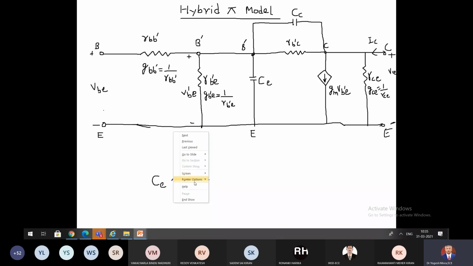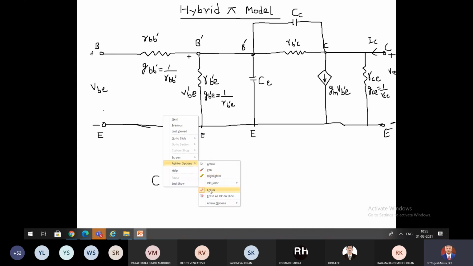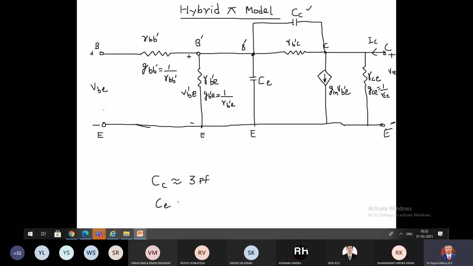This is CC, this capacitor, and C is 100 picofarad.